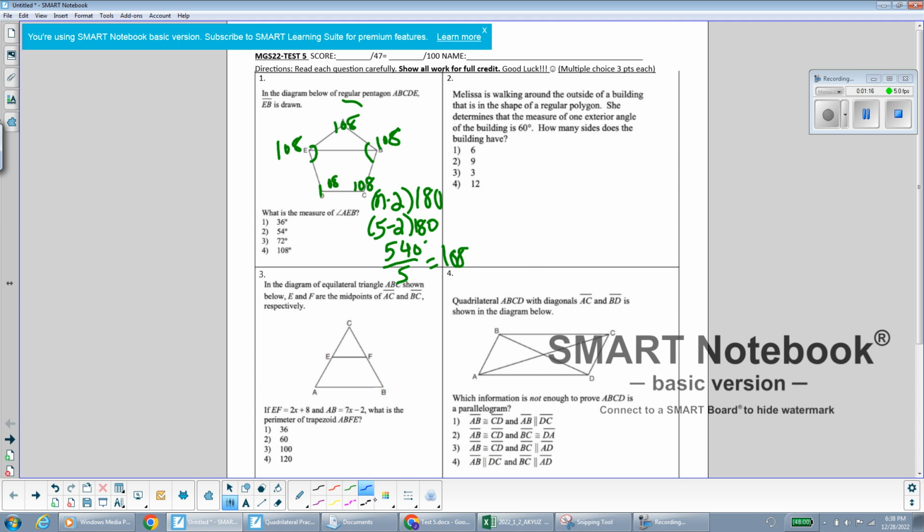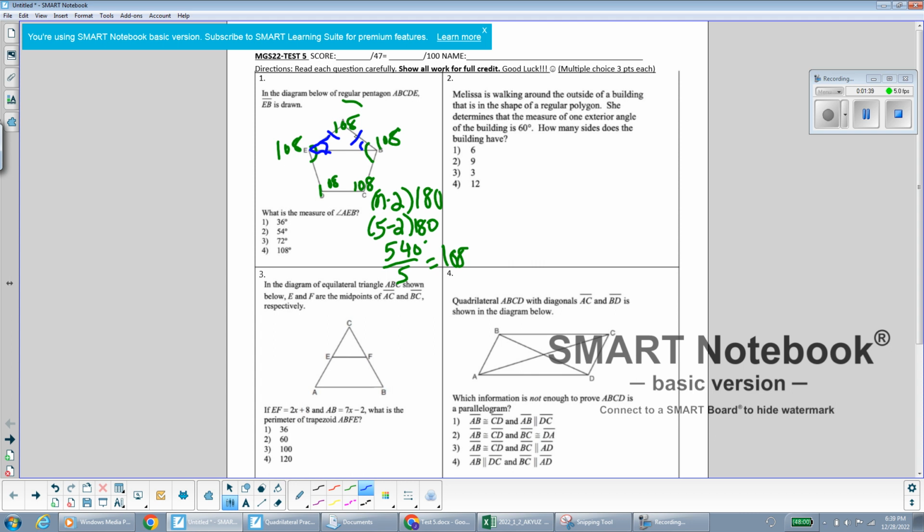But we are looking for angle AEB, so that's just this piece of this angle over here. Since this is a regular pentagon, not only are all the angles the same, but all of the sides are congruent as well. So this triangle at the top here is actually an isosceles triangle, and that means that the 2 base angles are congruent.